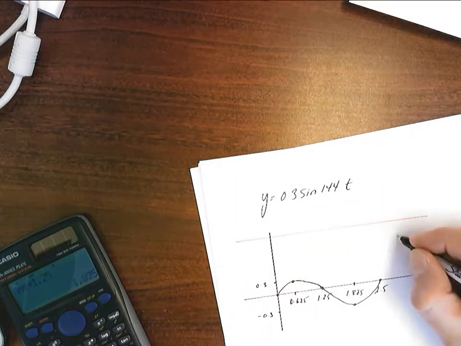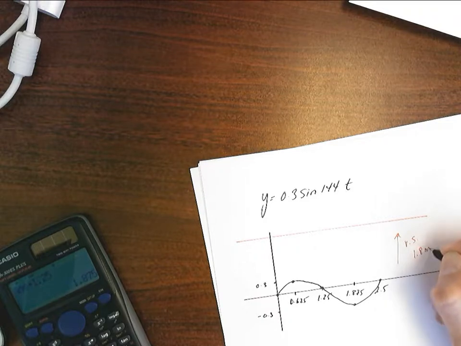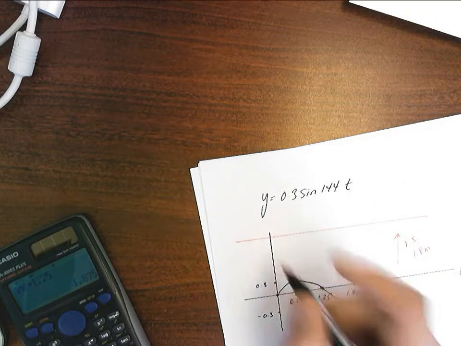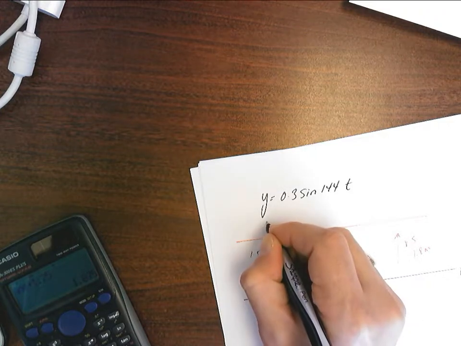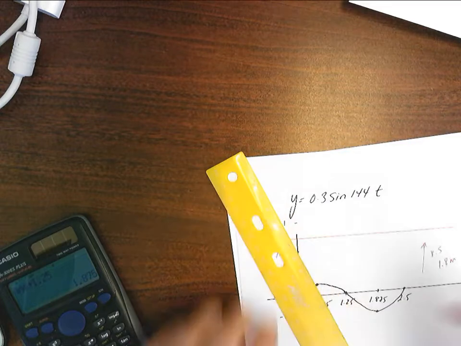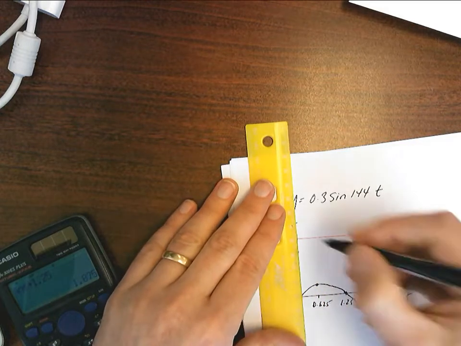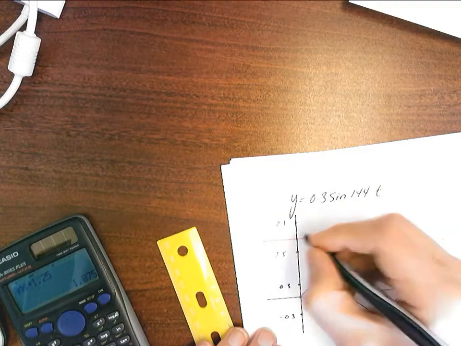We know that there's been a vertical shift of 1.8 meters, meaning that the lowest we're going to go is 1.5 and the highest we're going to go is 2.1. Okay? And that curve, if we were to put that in, would be this.